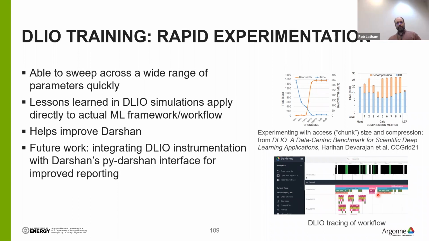PyTorch is going to behave differently than TensorFlow, for example. And so what would be great, DLIO has some facilities for tracing, for recording the information, and we can tie that into Darshan. Now we have an even more complete picture of what's happening for a pretty important and growing workload on these computers.